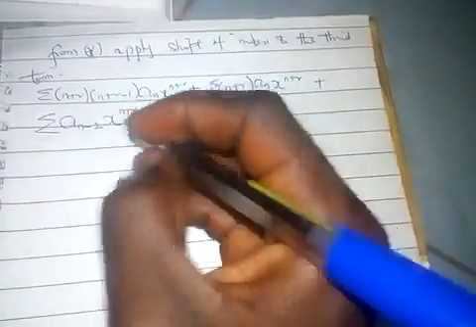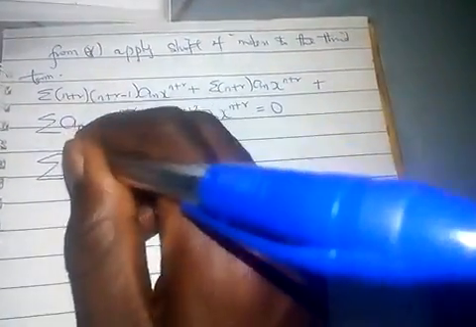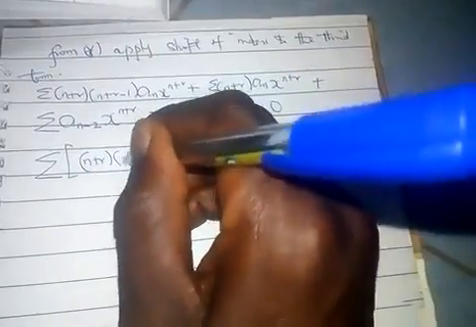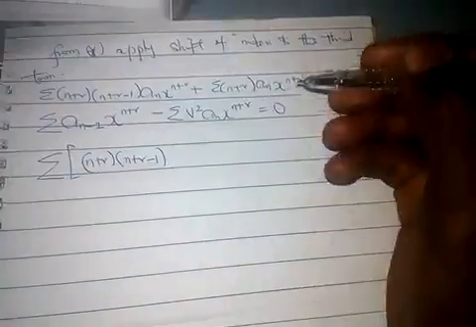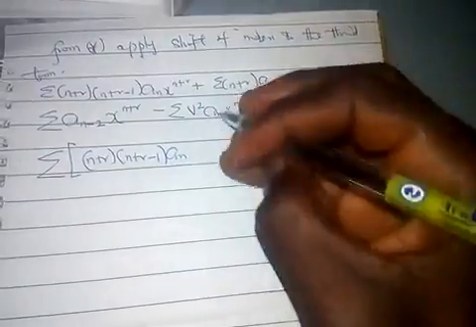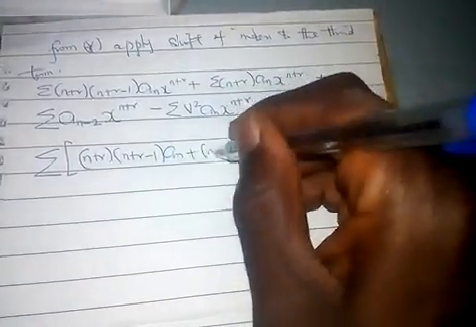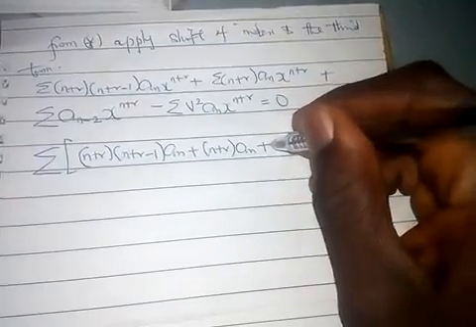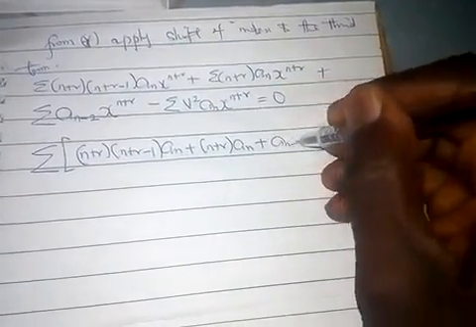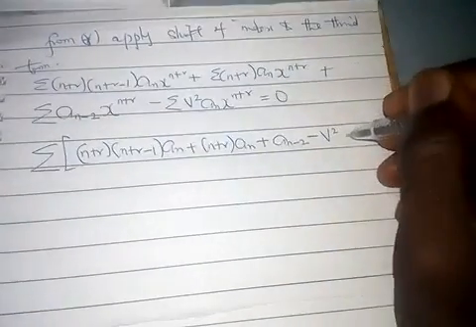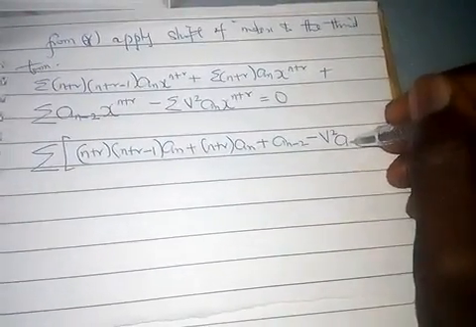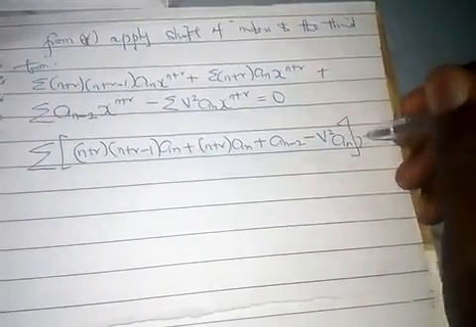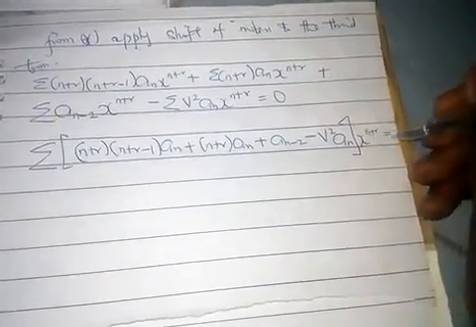Alright, so we can now factor out our summation: (n + r)(n + r - 1) a_n + (n + r) a_n + a_{n-2} - v² a_n times x^{n+r} equals 0.